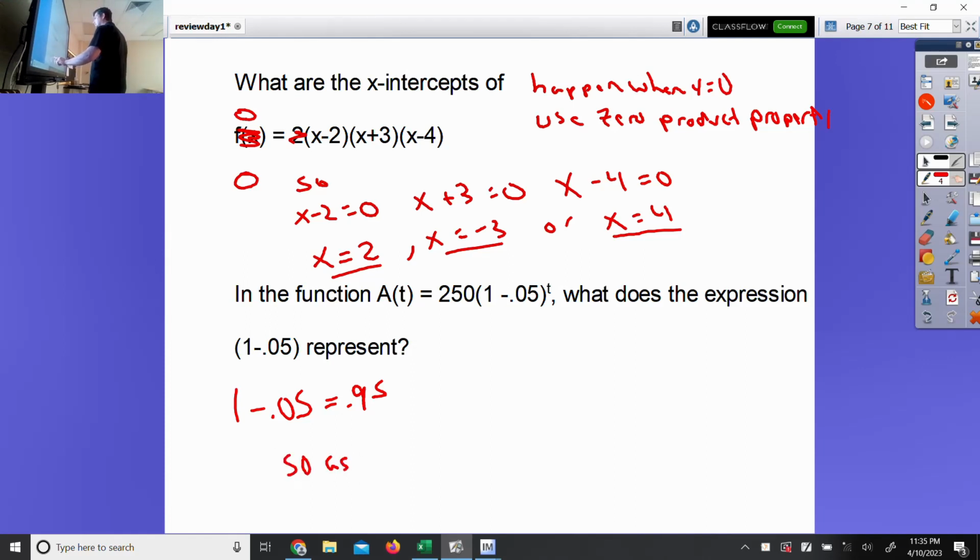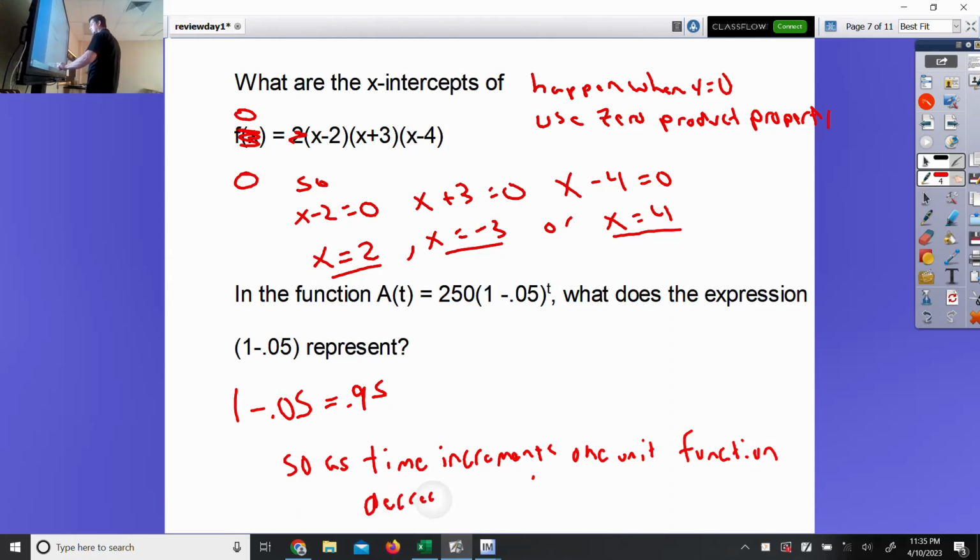So as time increments 1 unit, I don't know what it is, it could be minutes, seconds, who knows, the function decreases by 5%.